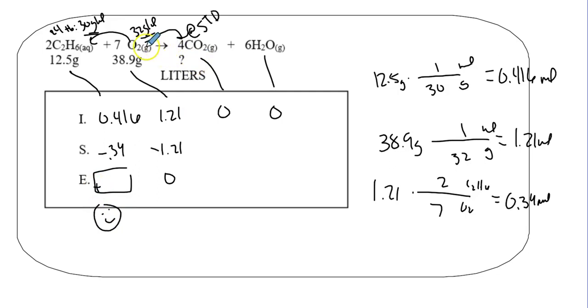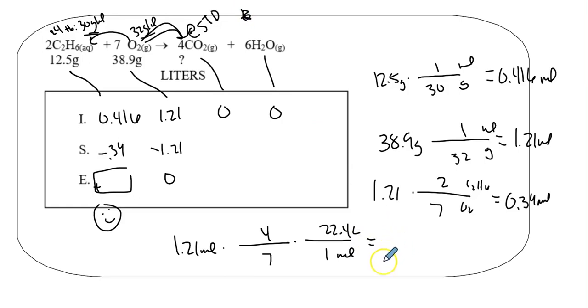I'm going to save time and just jump from my limiting over to here and convert to liters. So I have 1.21 moles at a 7 to 4 ratio. 1 mole is equal to 22.4 liters because I'm at STP.